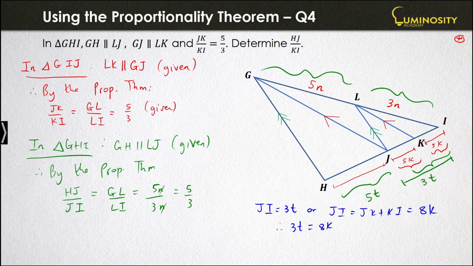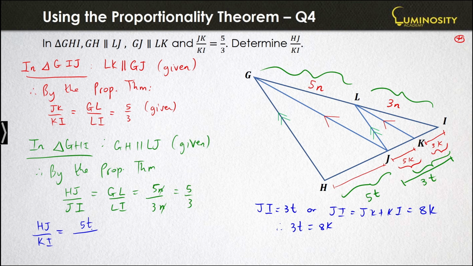Now how does this help us? Well, remember, the goal is that we're looking for HJ over KI. So we'd like them to have the same factor unit, either n, k, or t, so that we can divide them out nicely. So we know HJ is 5t, and we want to divide that by KI. But what is KI? Well, we know that KI is 3k.